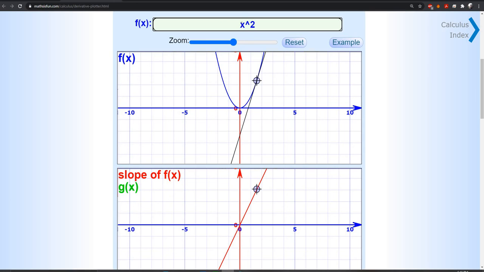If we apply the power rule to x squared, the derivative of x squared would be 2x. And indeed, if we take a look at the derivative function below, the equation for this line is just 2x, y equals 2x, or g of x equals 2x.